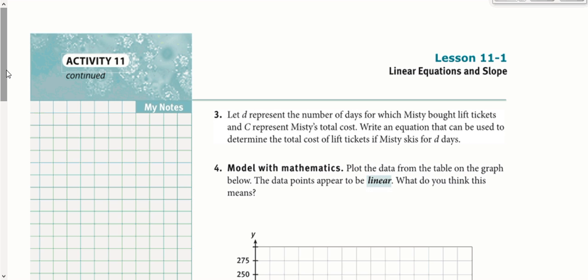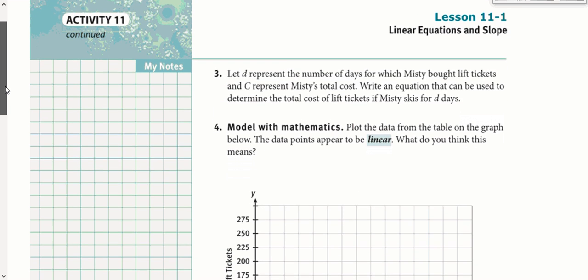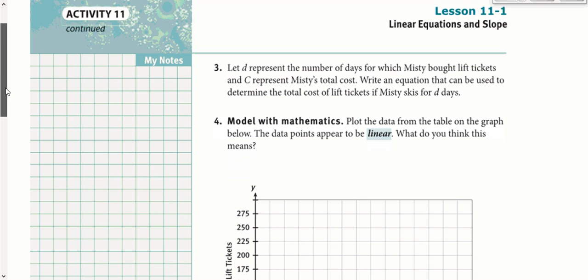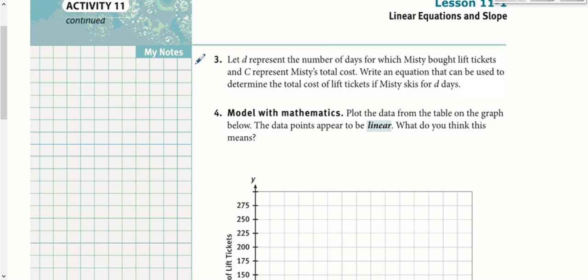Looking on the second page, it says let D represent the number of days for which Misty bought lift tickets, and C represent Misty's total cost. Write an equation that can be used to determine the total cost of lift tickets if Misty skis for D number of days.